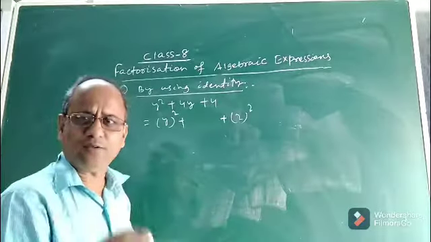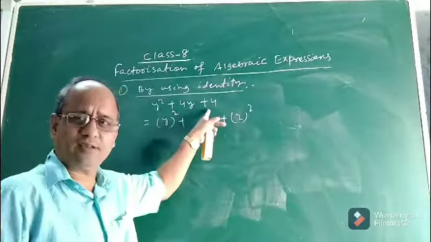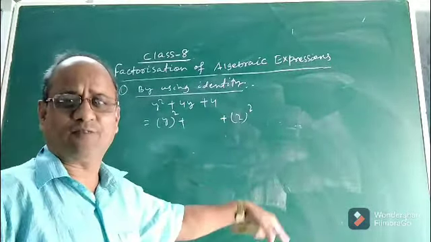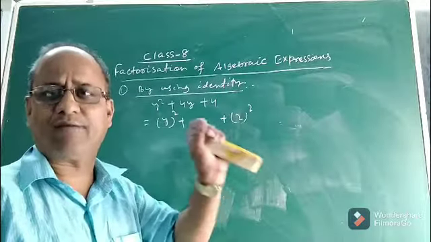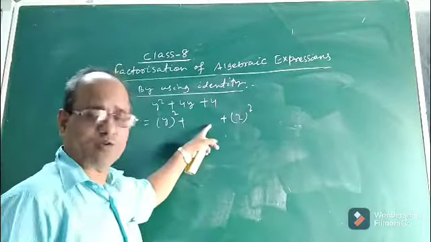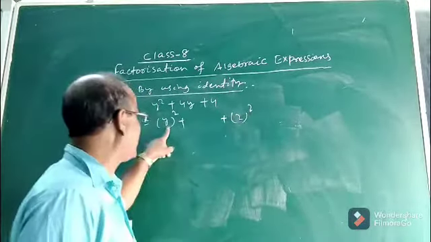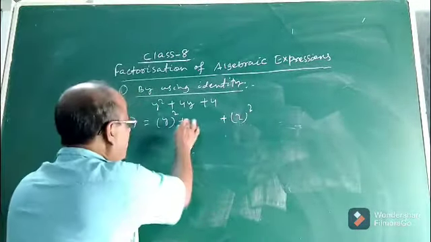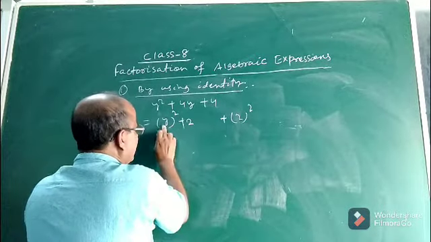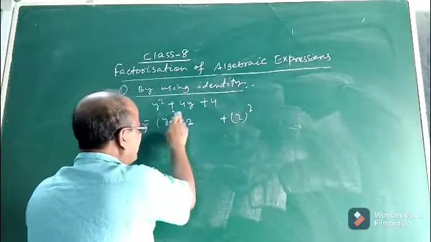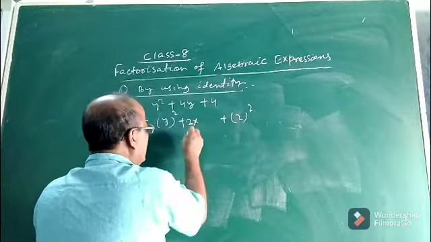So what I mean to say is, whatever expression is given, you try to bring it in the form of some identity, whatever we have read. Now in this particular question, y square means square of y, and 4 means square of 2. Take y as a and 2 as b. So it is a square plus b square plus 2 into a into b.